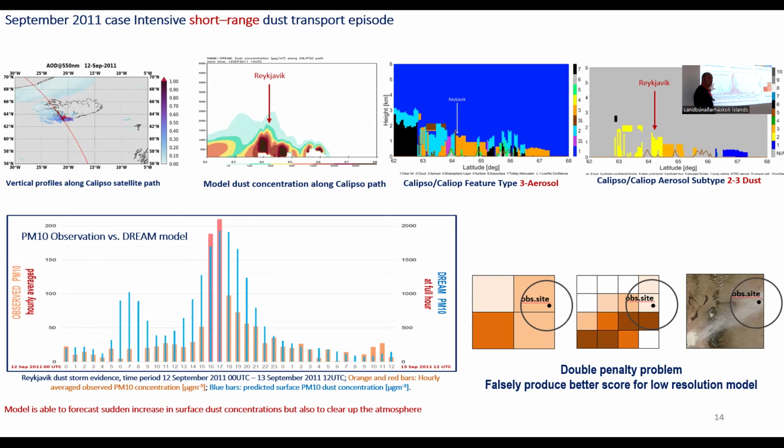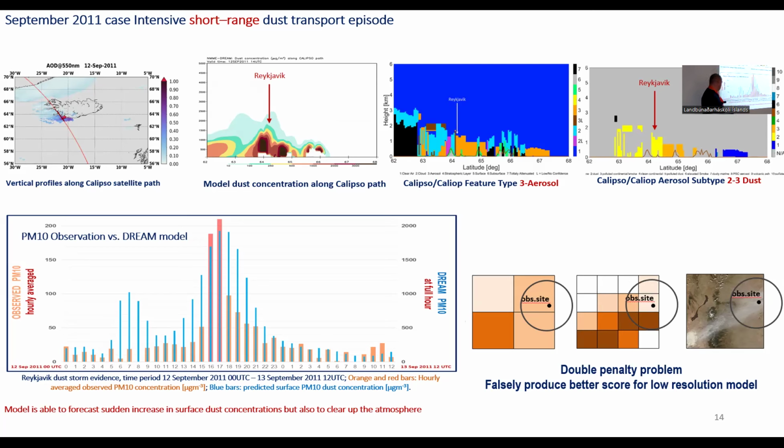This is the ground measurements, PM10. You can see the model as the blue bars and the orange bars are observed PM, but look at this: this is hourly averaged observation, and this is the model at the full hour. So the differences come from averaging the data over 1 hour, while this is just direct model output at the first hour, second hour, etc. But nevertheless, the patterns are here.